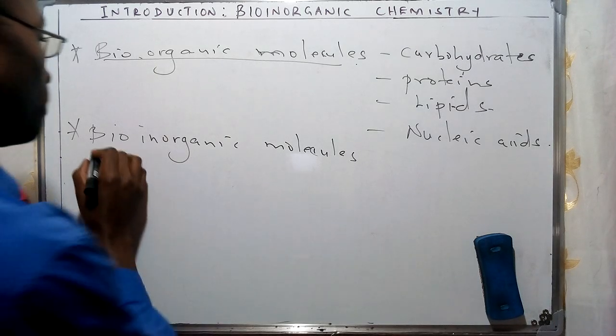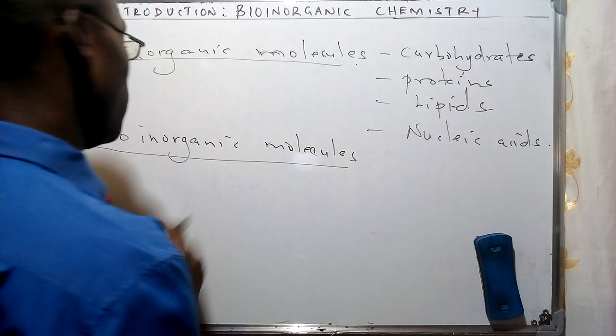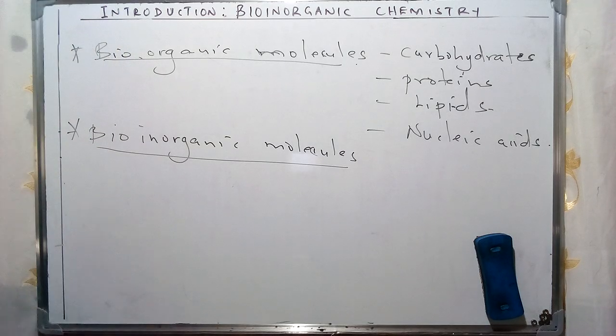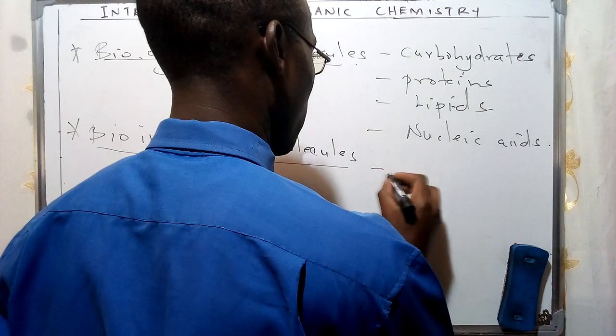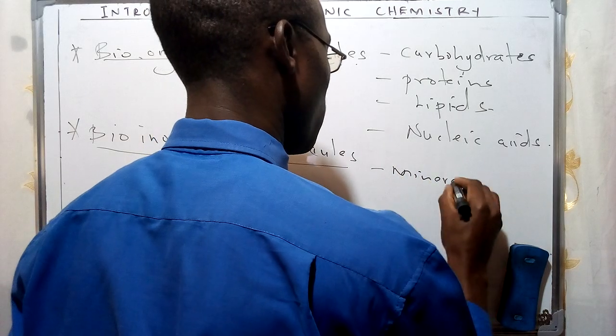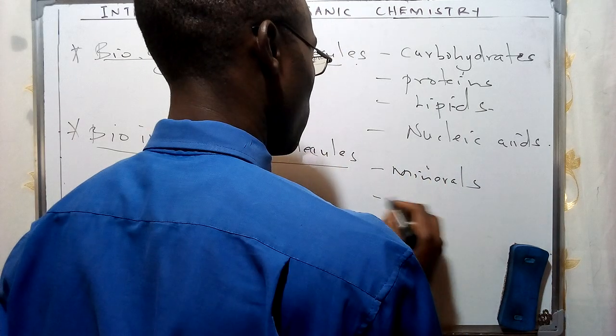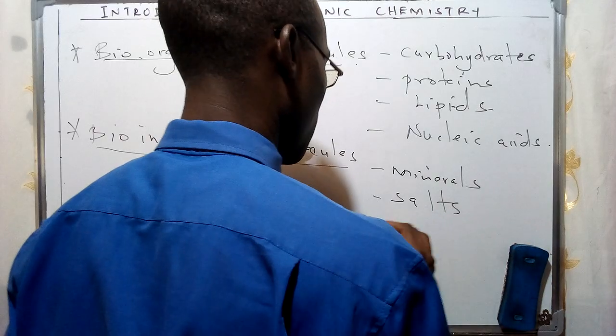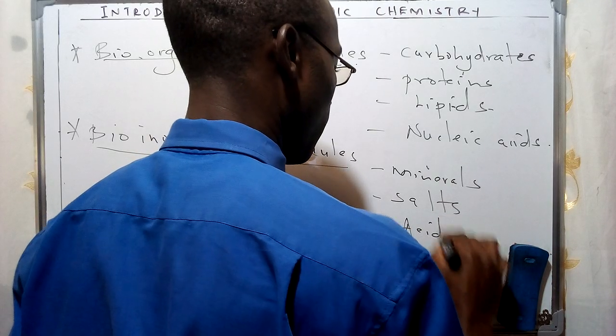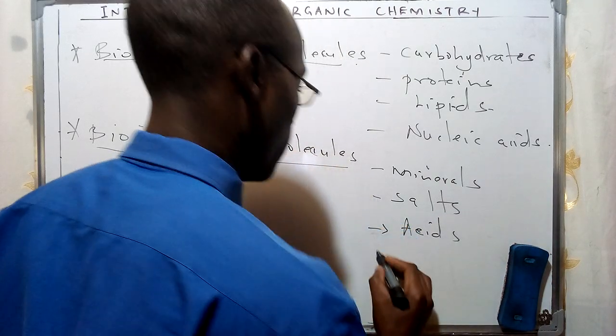Now, to contrast them from the lower one, we have a range of molecules as well, which can be regarded as bioinorganic molecules. These are contrasted from the first one in that they can be given in terms of a general set of minerals, salts, and acids.